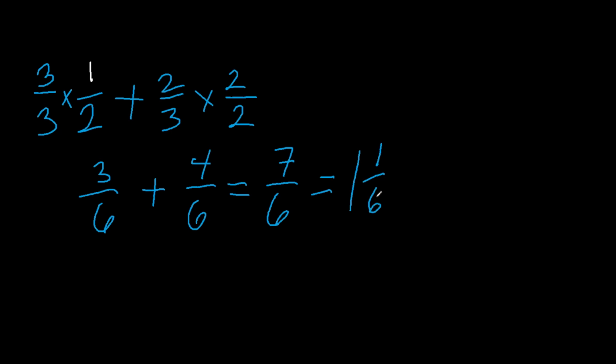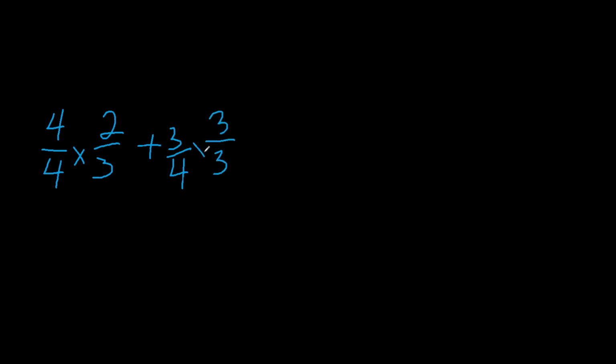Let's try one more. Let's try 2/3 plus 3/4. Once again, it's not real easy to come up with a number that both of these will match, unless we take this 4 and we multiply the first number by 4 over 4 and the second number by 3 over 3.